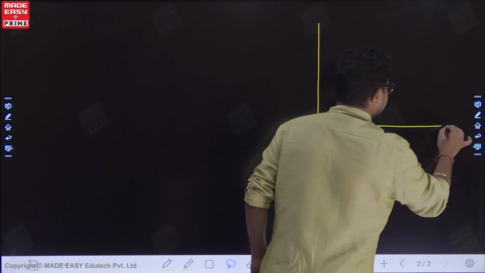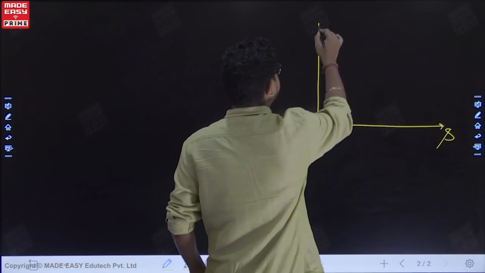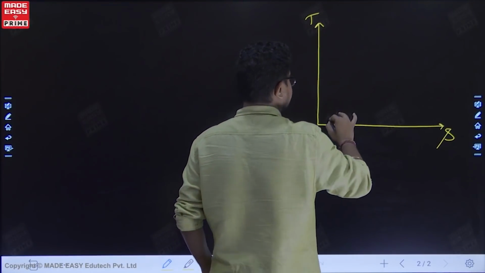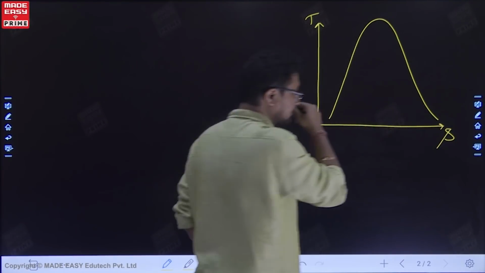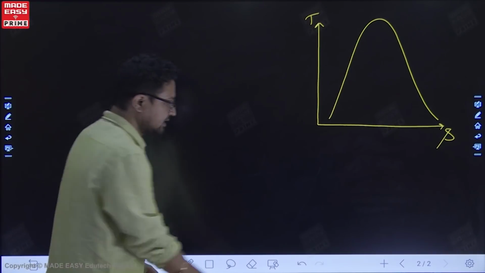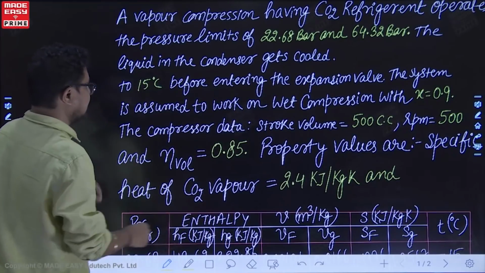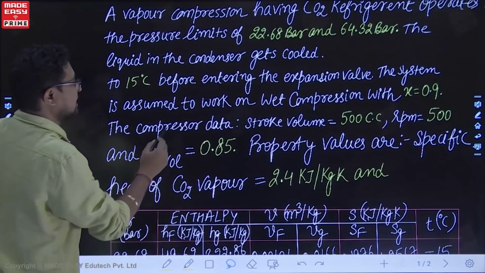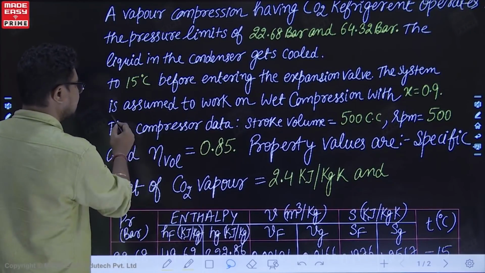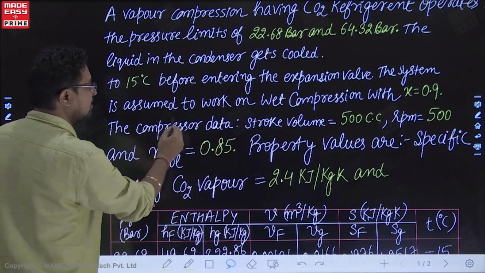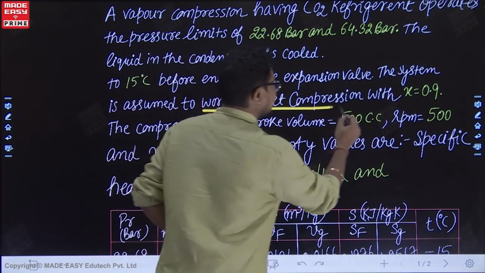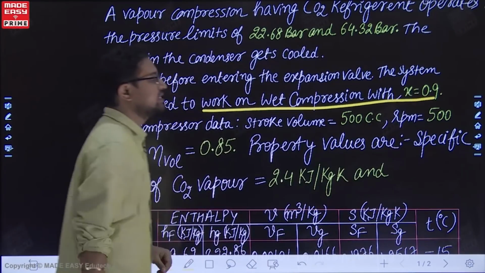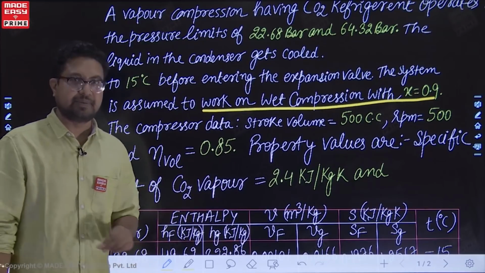So suppose this is the TS diagram and this is the saturation curve. In this, it is mentioned this system is assumed to work on wet compression, wet compression with x equals 0.9.